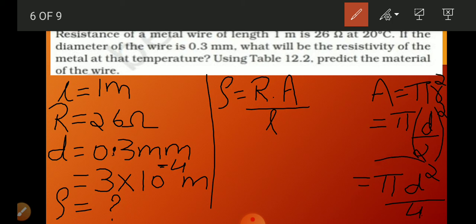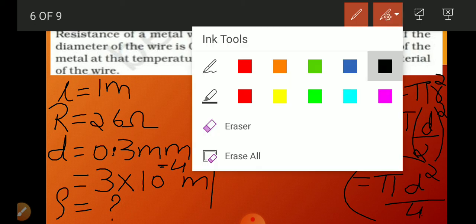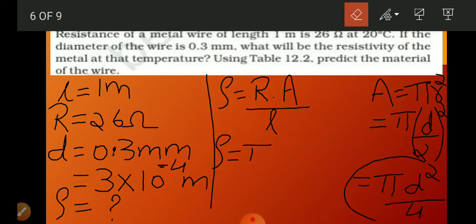So substitute this value in place of area. So what happens? Rho is equal to R into, in place of area substitute this, pi d square divided by 4.